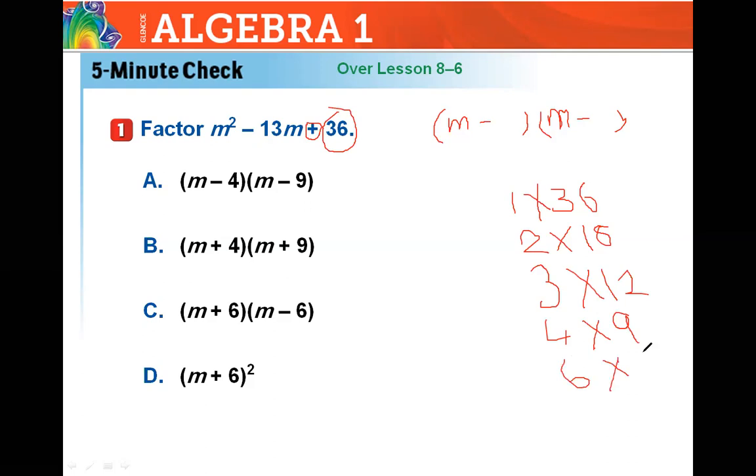What will we choose from these? I need the sum, because the sign is plus, so I need the sum to be 13. If you add, you must get 13. 1 plus 36 equals 13? No. 2 plus 18? No. 3 plus 12?